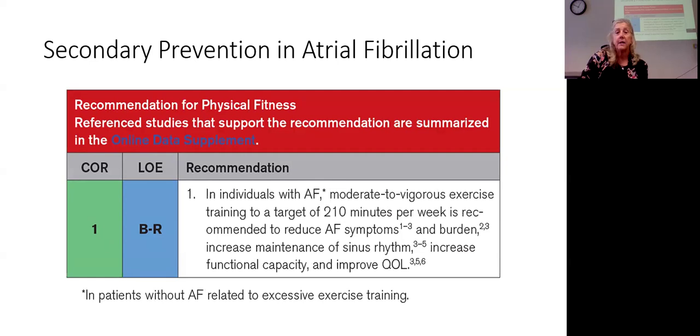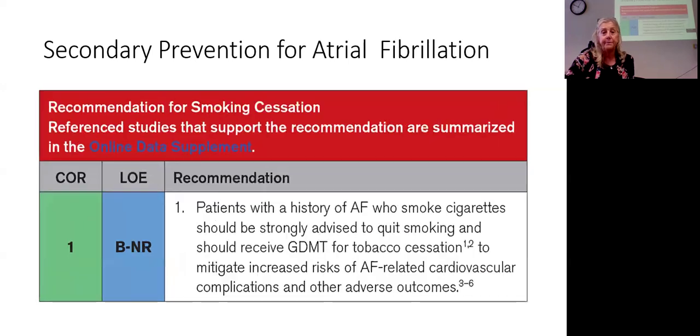You asked about exercise. So should do moderate to vigorous exercise training to a target of 210 minutes per week is recommended to reduce your atrial fib symptoms, the burden that it places on you, increases your functional capacity, improves your quality of life. Quit smoking cigarettes. Number 1, high class of recommendation.